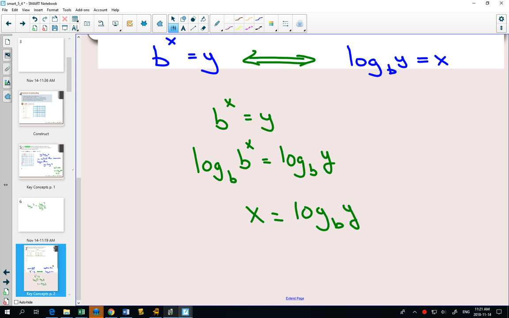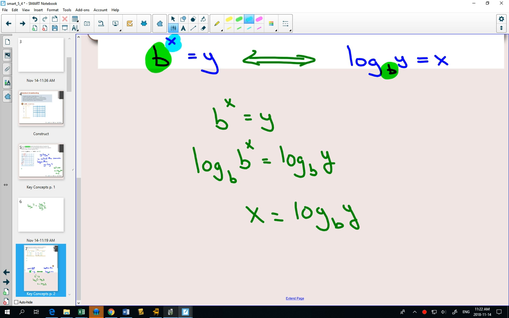And you'd get x equals log base b of y. However, with logarithms, people just know the definition of it, don't show this work in between, and say, I know this is my base of my exponential function, and the base goes there.